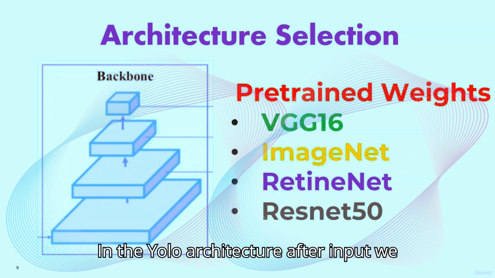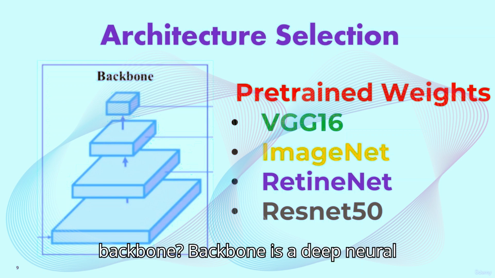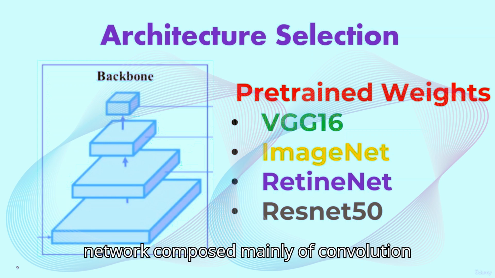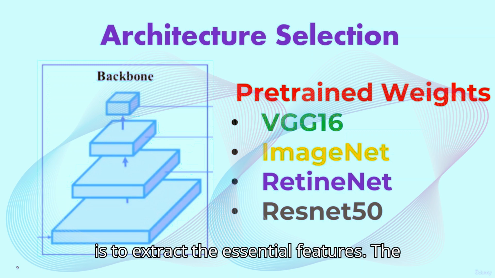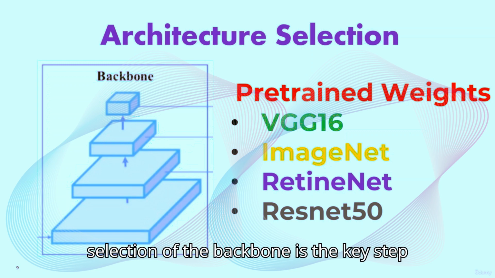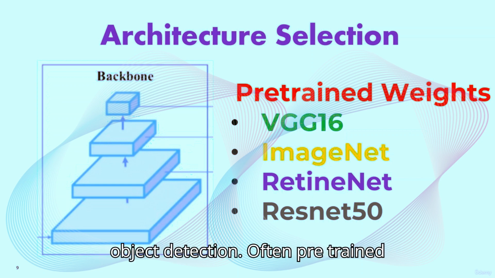In the YOLO architecture, after input, we have the backbone. So what is the backbone? Backbone is a deep neural network composed mainly of convolution layers. The main objective of the backbone is to extract the essential features. The selection of the backbone is the key step, as it will improve the performance of object detection.